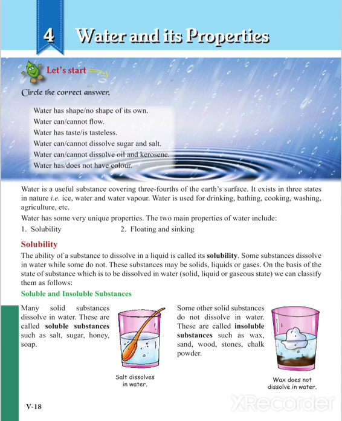On the other basis, for the substances which dissolve or do not dissolve in water, solid, liquid and gas, we can classify them as follows. The substances which dissolve in water are called soluble substances, such as sugar, salt, soap and honey.